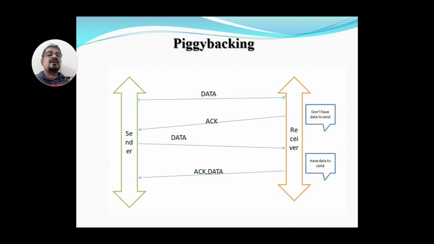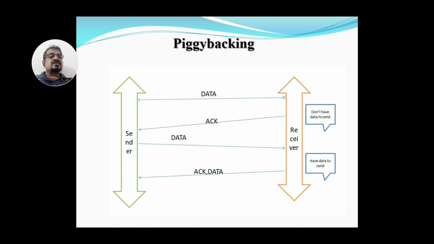For example, the sender is sending data. At the receiver side, it sends an acknowledgement. That means if the receiver doesn't want to send any message, it simply sends an acknowledgement. That is a normal data process.